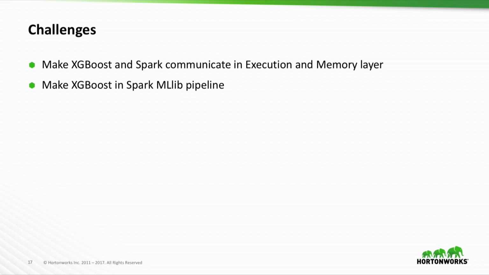We found we need to make Spark executors communicate with XGBoost workers, because both of them are distributed. For example, if we have 10 partitions, meanwhile we need to start 10 XGBoost workers and train the XGBoost model in a distributed way. So we need to make Spark and XGBoost work together at the execution layer and also at the memory layer.